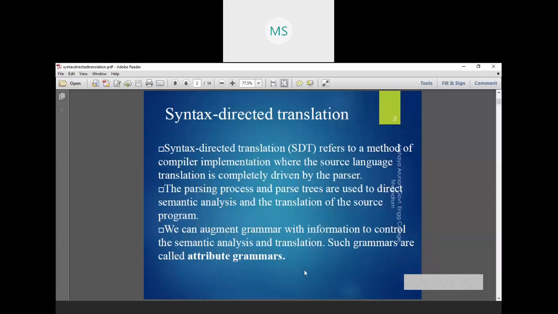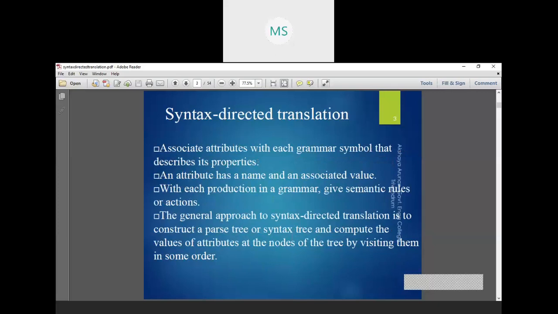In syntax directed translation, we should be talking about attributes. What is an attribute? Attributes are associated with each grammar symbol and describe its property. For example, take the production E derives E plus T. E and T are the grammar symbols. At the bottom, I am writing the attribute.